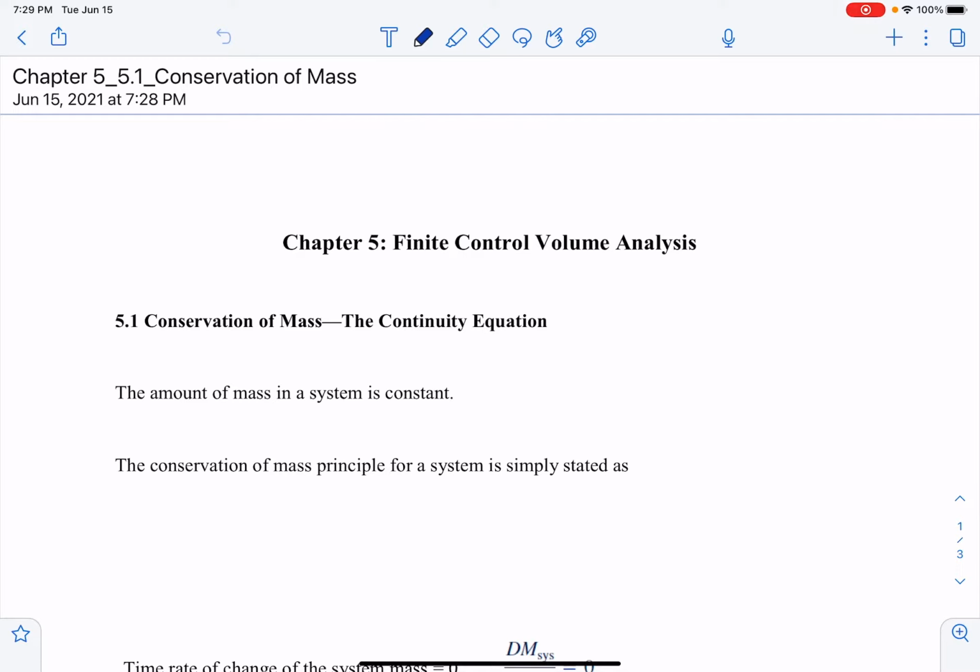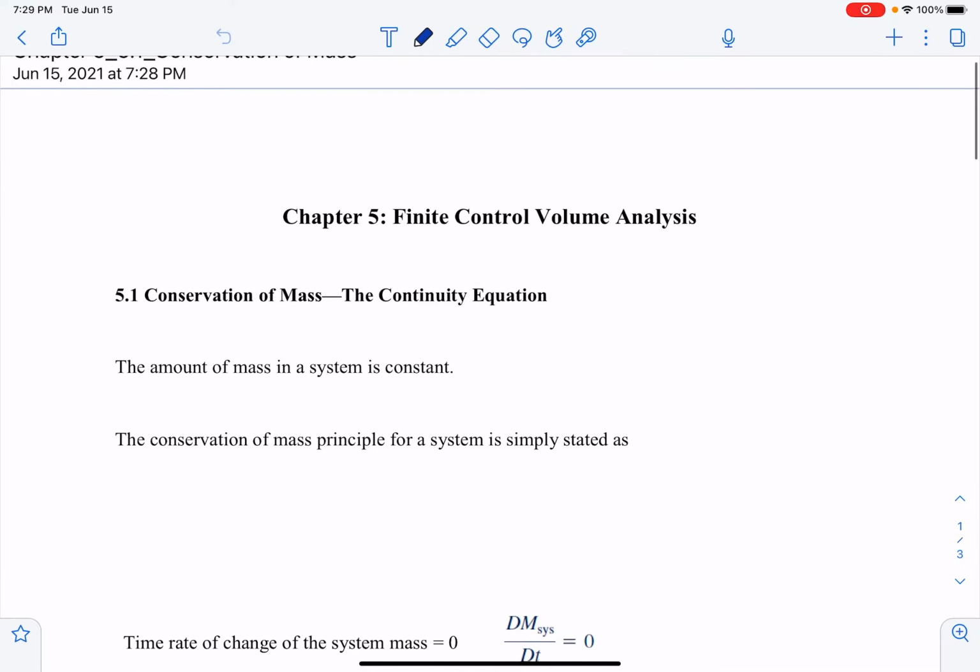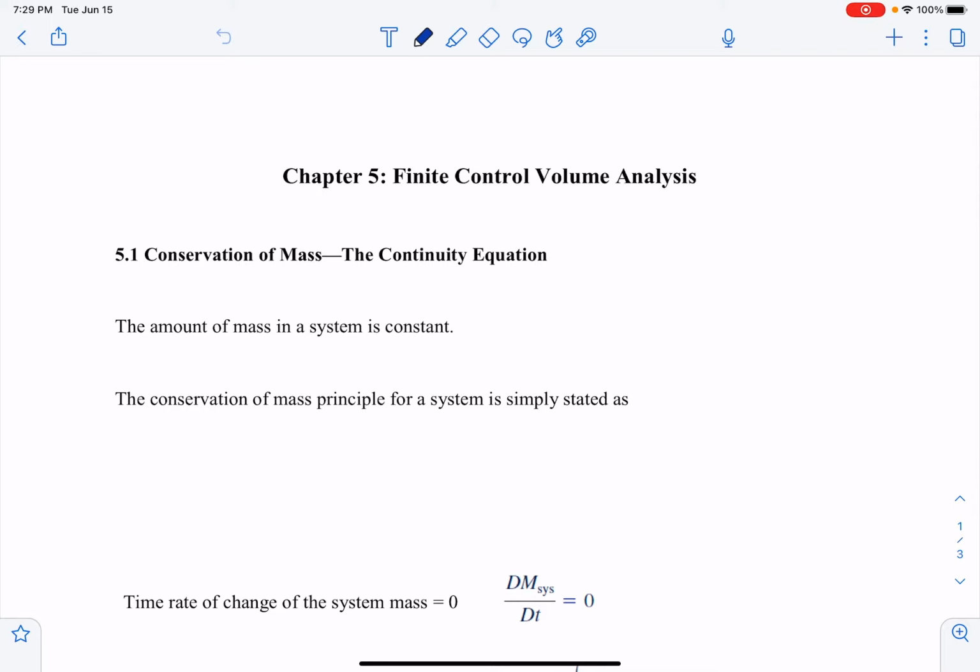We talked about the system in the previous chapter, and we said that if I draw a system right here, the system is defined as a collection of unchanging contents.